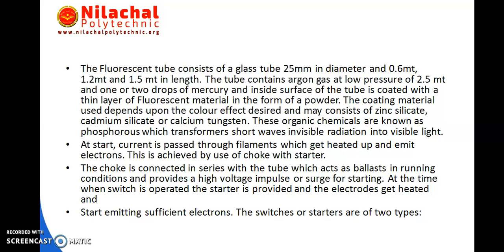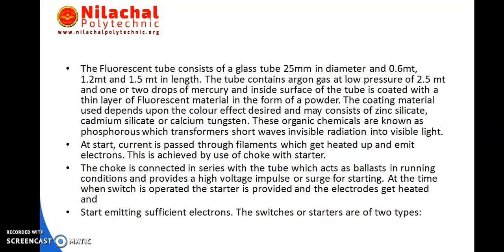The coating material used depends upon the color effect desired and may consist of zinc silicate, cadmium silicate, calcium tungstate. These chemicals are known as phosphors, which transform short wave invisible radiation into visible light.